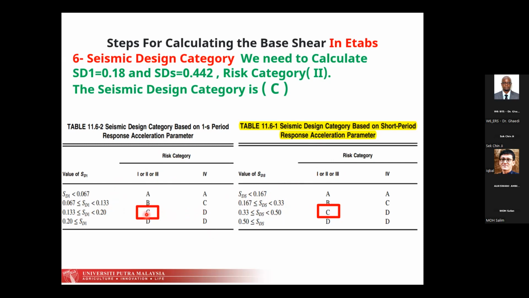Like maybe if we have C here and D here, what should we choose? Actually, ASCE says that we should choose the most dangerous one. So in the case of having C and D, we will choose D because it will be the more critical case. But here in this example, we have the same category for the two.